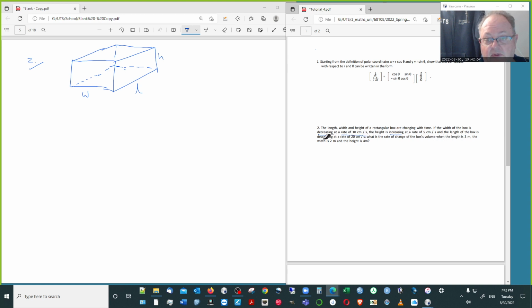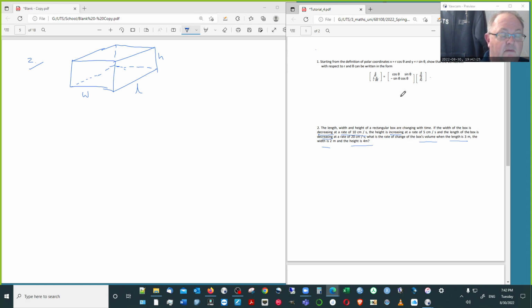And the length of the box is decreasing at a rate of 20. What is the rate of change of the box's volume when the length is 3 meters? Now, a single version of this would be called a related rate.